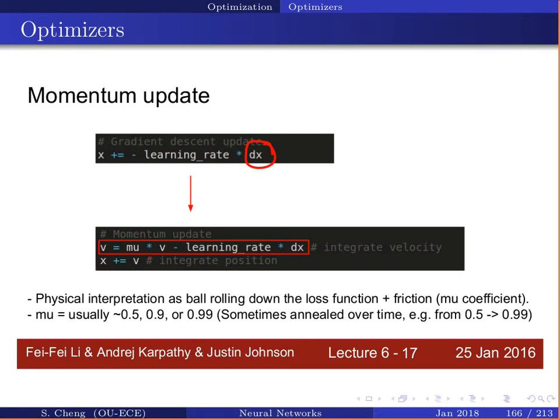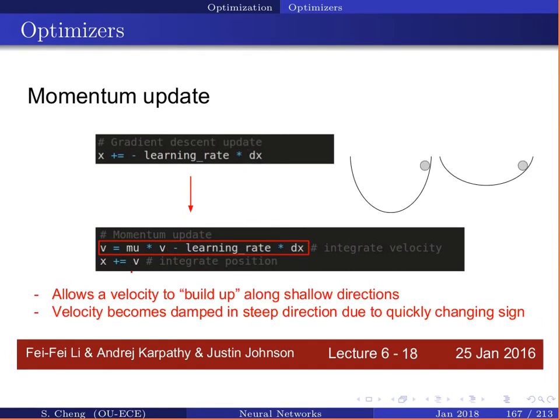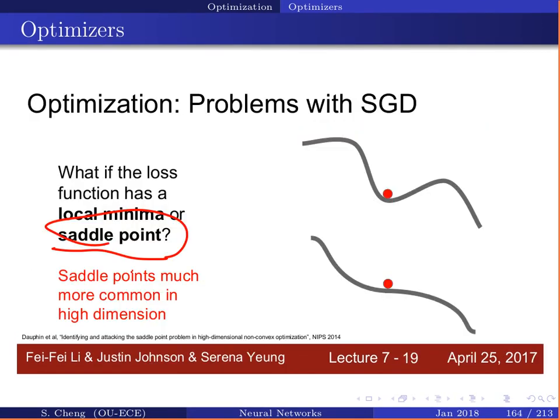It will have some kind of inertia such that it retains the previous value, but it will also be affected by the current gradient. So your velocity won't change suddenly. That actually will be helpful for both of these cases, right?